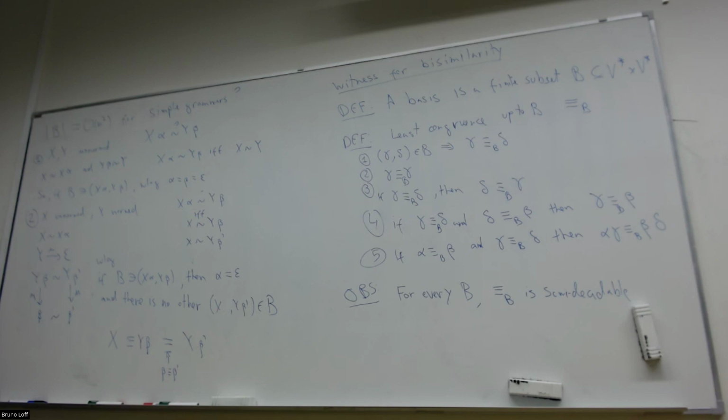So you're assuming that B characterizes bisimulation perfectly, and now it has two, x, y beta and x, y beta prime. Right, so maybe capital B is complete for bisimilarity, but it's only because you have these two rules, x, y beta and x, y beta prime. If you remove one of them, it's no longer complete for bisimilarity.